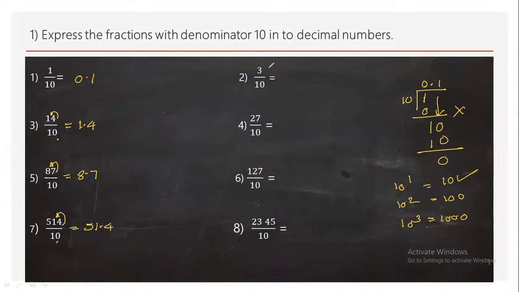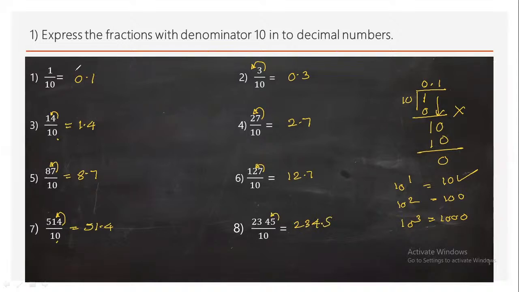Denominator 10, one decimal place towards the left-hand side, 0.3. Denominator 10, one decimal place toward this side, 2.7. Denominator 10, one decimal place toward this side, 12.7. Denominator 10 here also, one decimal place toward the left-hand side, 234.5.